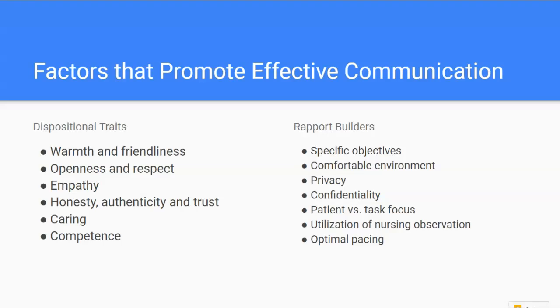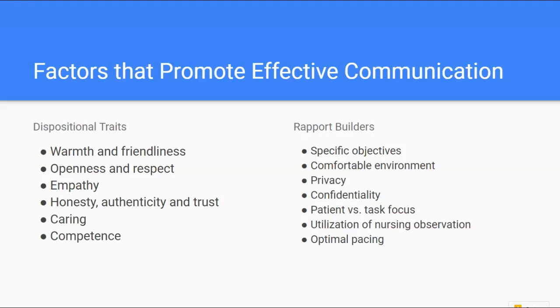So factors that promote effective communication. I have those divided into two. So the first one is dispositional traits. Dispositional traits are characteristics or kind of some customary ways of behaving. So nurses who consistently demonstrate warmth and friendliness, openness, rapport, empathy usually provide effective communication.